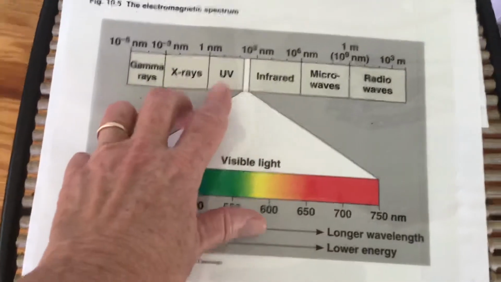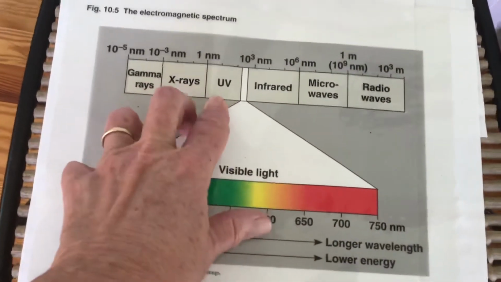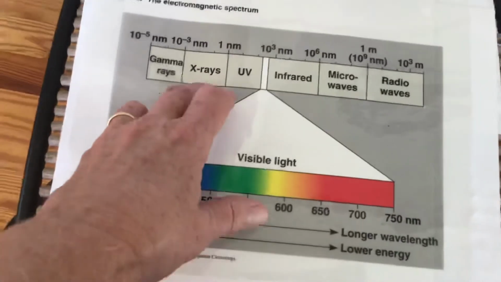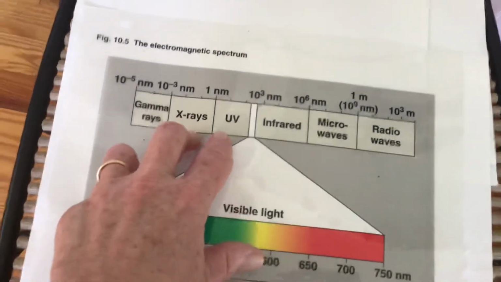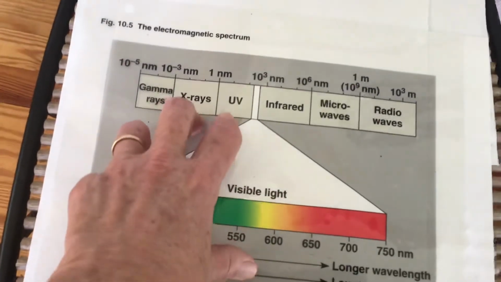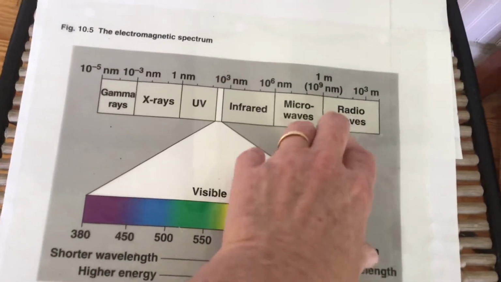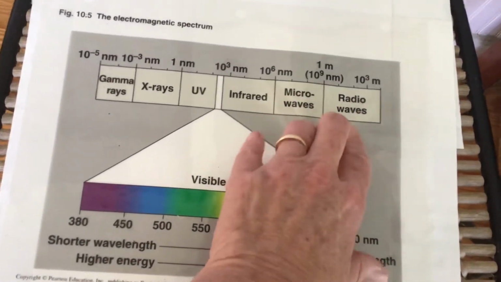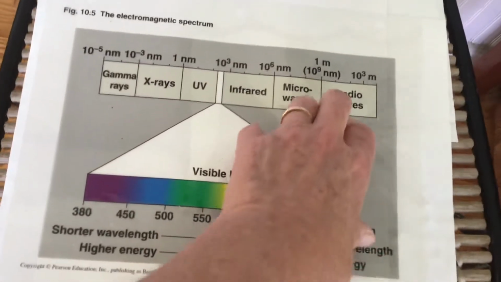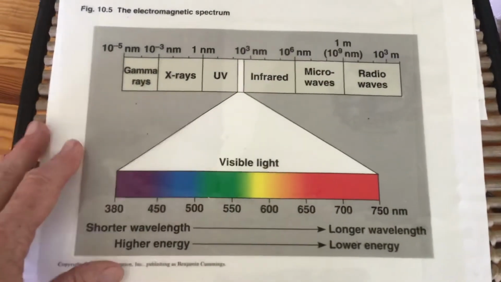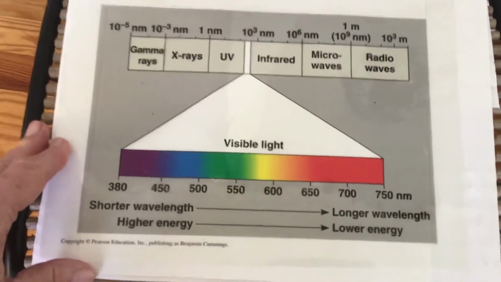You might know that UV light, for example, can be damaging. X-rays are what look through your body, so they can actually travel through tissue. Radio waves are used to go around the Earth's surface and pass signals. So anyway, you have these different types of light.